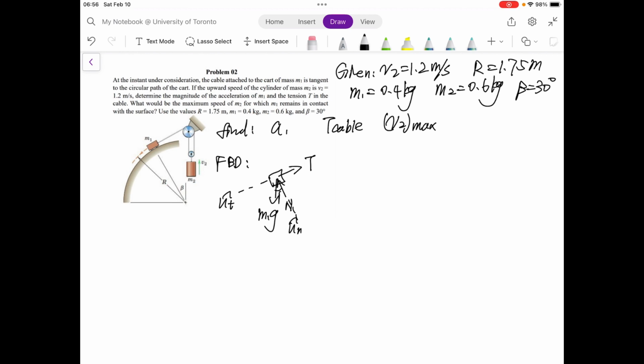By the way, right here is beta. For m2, it is supported by one pulley and two cables, and it has gravity. So we can define this direction as our y.